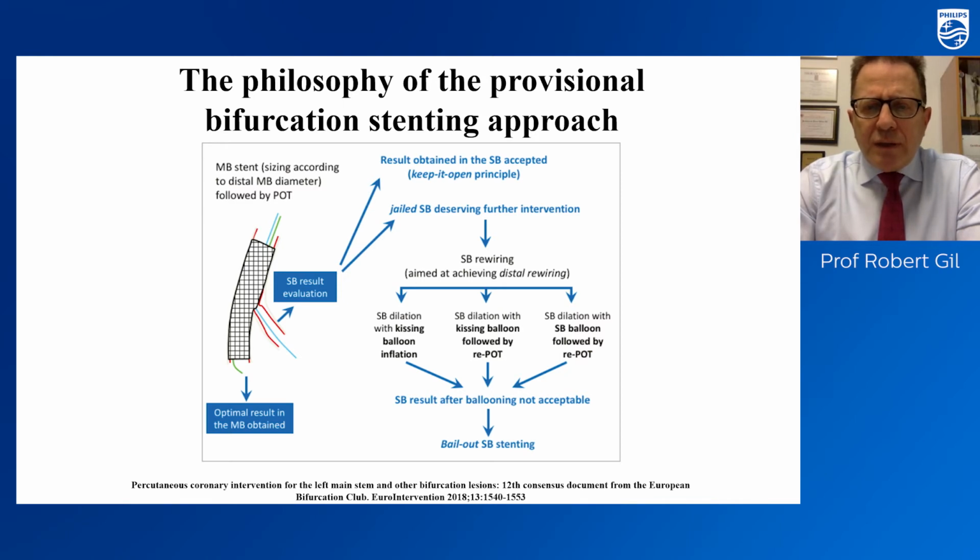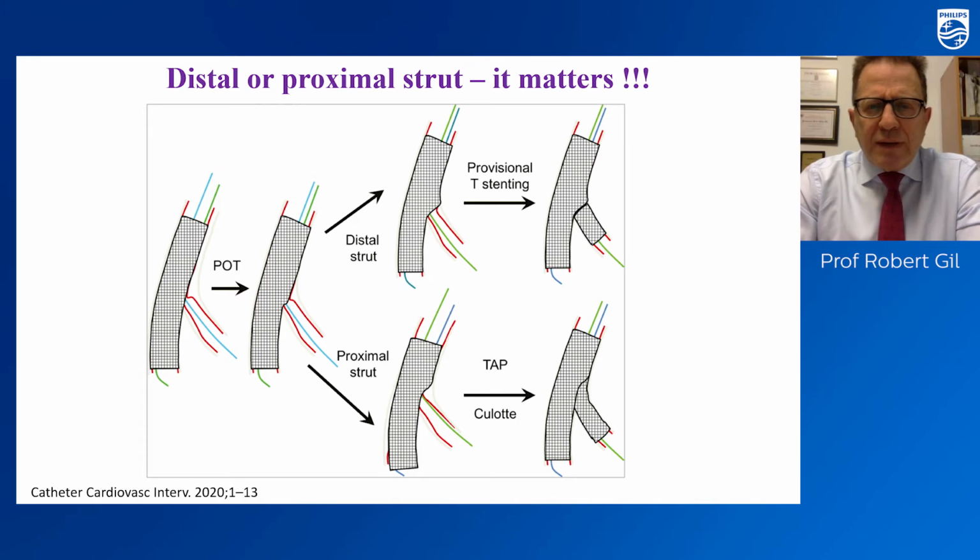You can redilate the side branch. You can make a kissing balloon. You can also use a POT afterwards, just to have the opportunity to assess whether it's fine or you need a second stent. If yes, this is a bailout side branch stenting, and then you need to make the right choice.